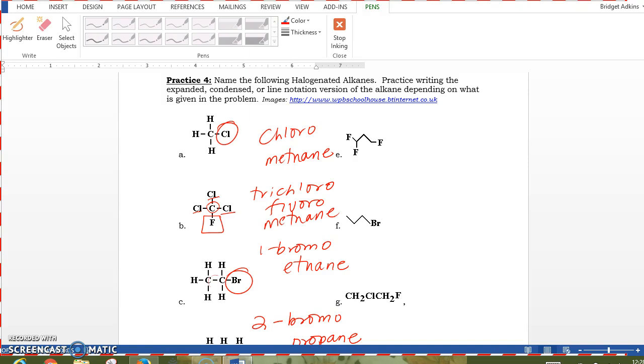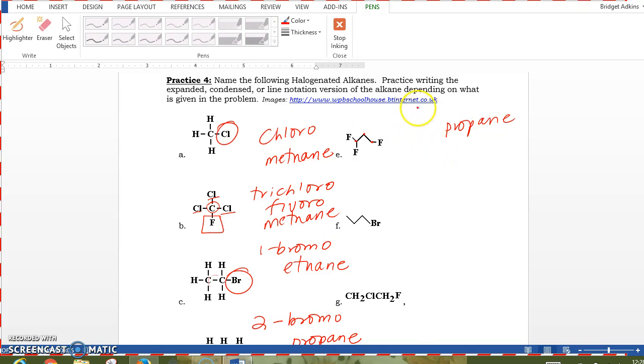All right, back up to E. Now we've got line notation. You got to be a little careful, and the good news is College Board does not really use line notation. You see these F's, they're kind of showing it as like a bond, so it can be a little confusing. There's 3 carbons on the chain, so a 3-carbon is propane. And then coming off these guys, this first carbon, we have 2 fluorines. And then coming off the last carbon, we have 1 fluorine.